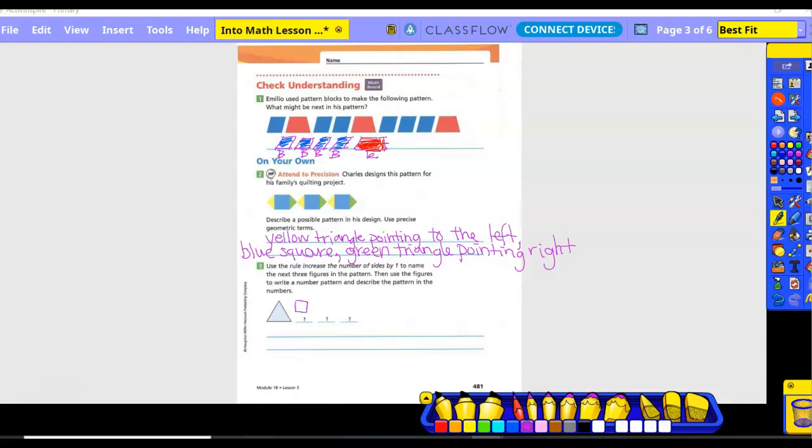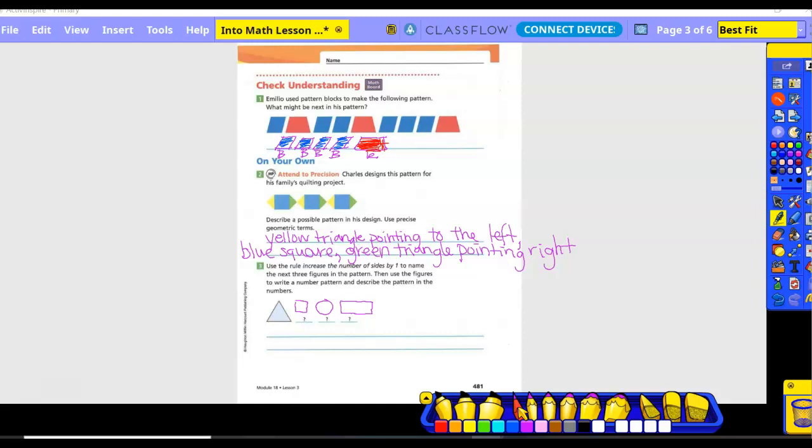And then we could do, actually, let's do different shapes. What can we do next? Can we do a circle? Okay. And then can we maybe do a rectangle? Yes. Okay. And then what would we say would be our pattern then? Triangle, square, circle, rectangle. Okay.